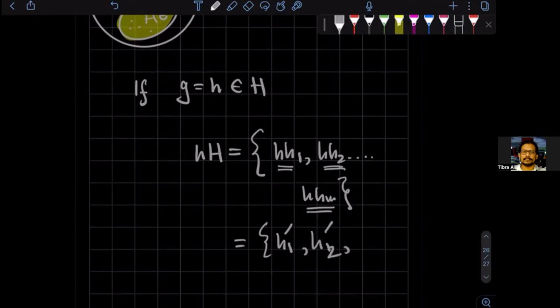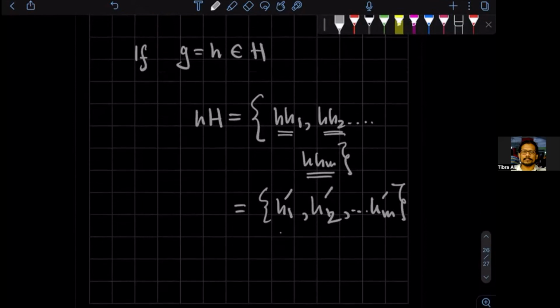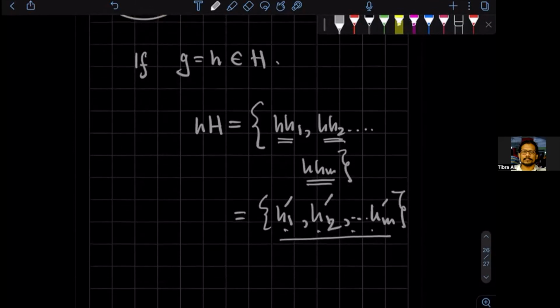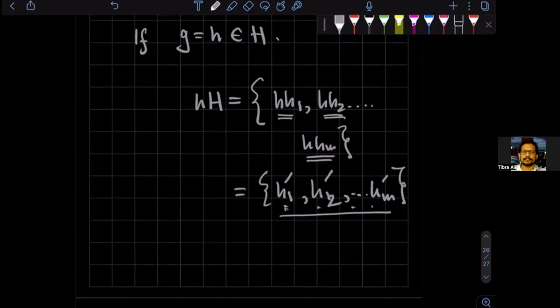Similarly, every element is going to be different, but closure tells you it's going to be part of H. It's obvious that this is closed, but what is not obvious is that all these new elements are just a reshuffling of the old elements in H. They're unique.